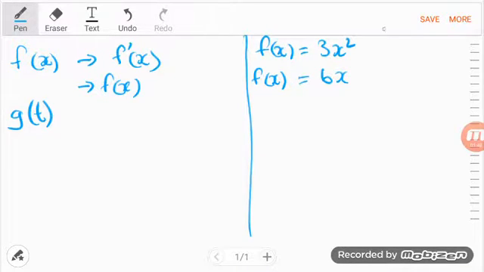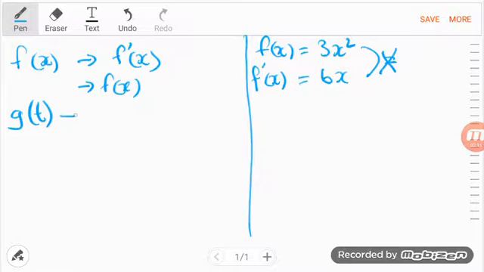Now, these two are not equal. These two are not equal. So there's no way that we should be missing out our dash up here, because they are not the same. So f of x goes to f dashed of x.